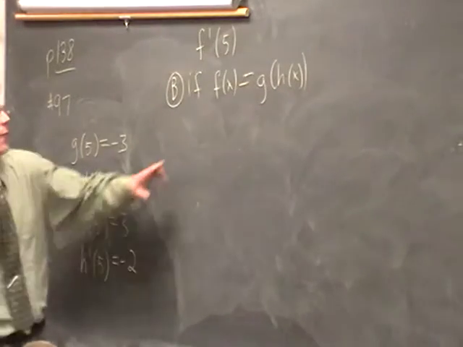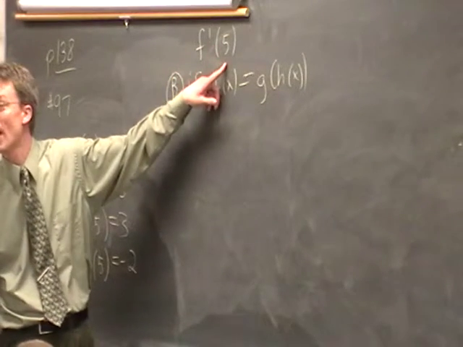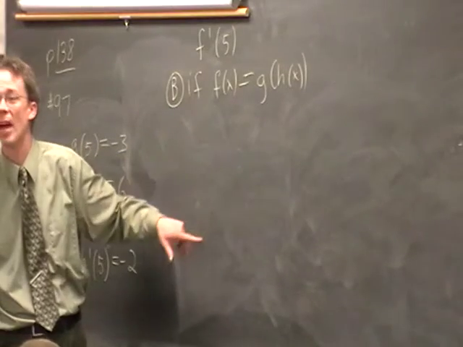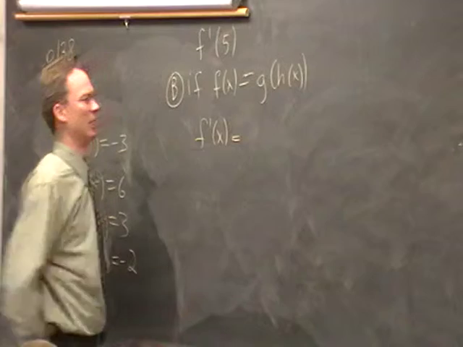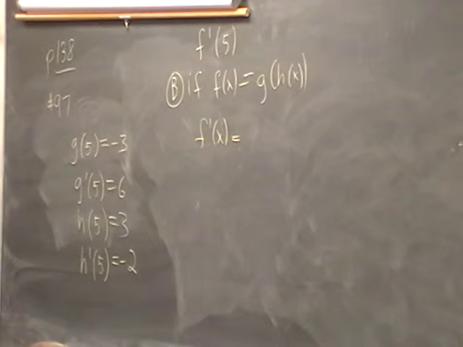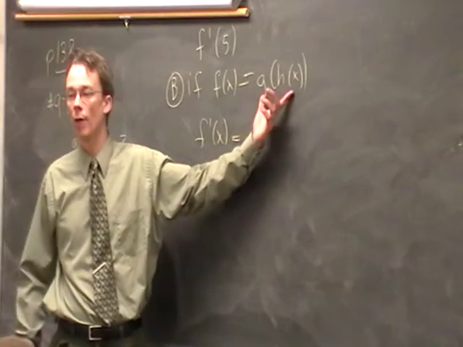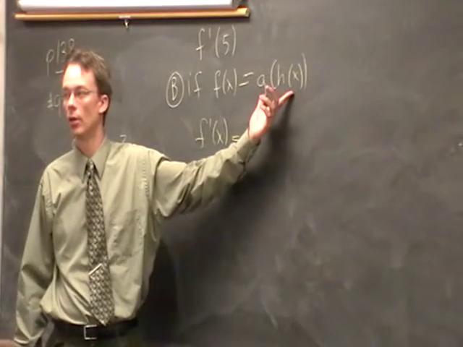So before we get f prime of 5, we need to first get f prime of x. So f prime of x, how do we do that? Chain rule. Well, yeah, it's a chain rule, right? We're taking the derivative of a composite function.